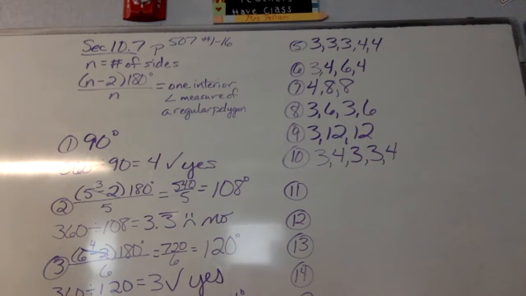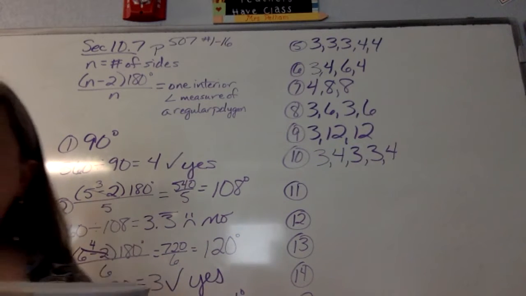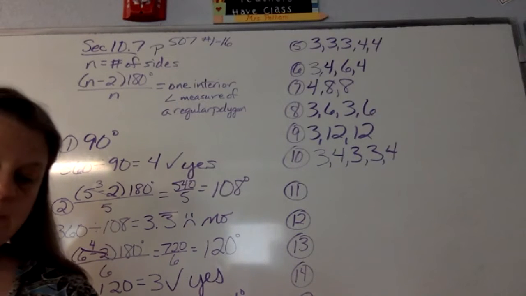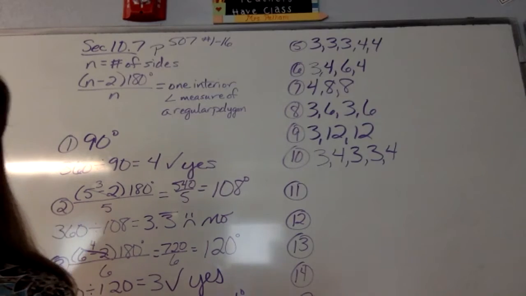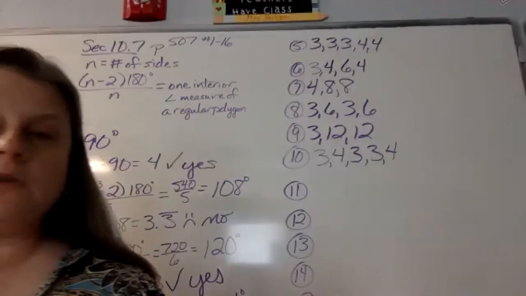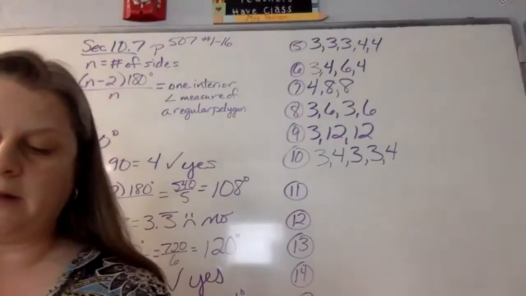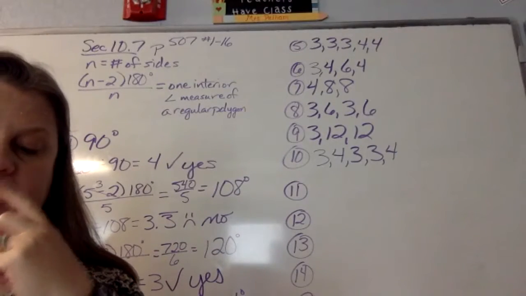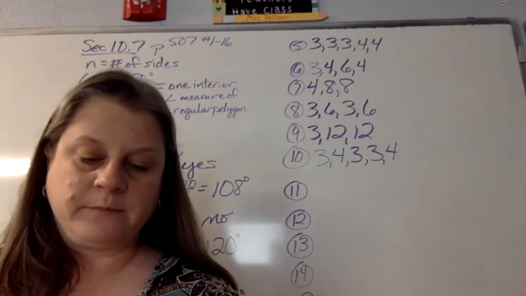Now, for our last 6 problems on the tessellations, it says determine whether each tessellation is regular. Remember, regular uses one shape. Semiregular uses 2 or more regular polygons. Or irregular, which means it doesn't use a regular polygon.